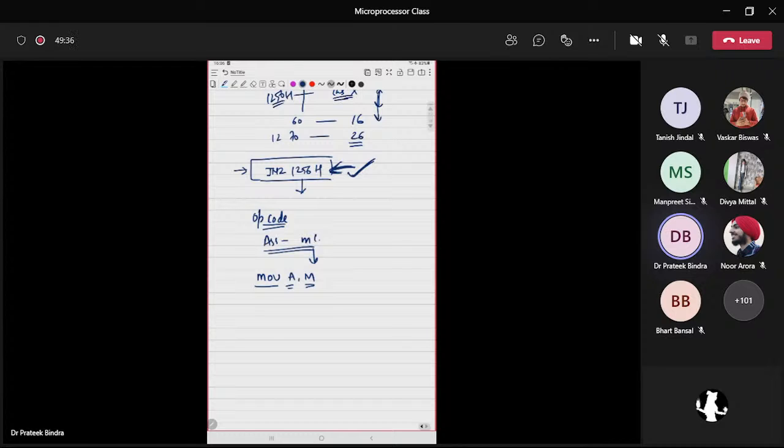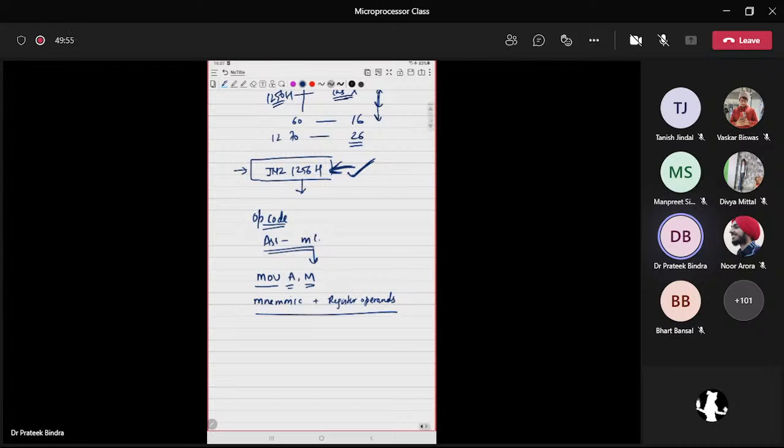So if you have only mnemonics and only register operands, then you can have a particular opcode for that.